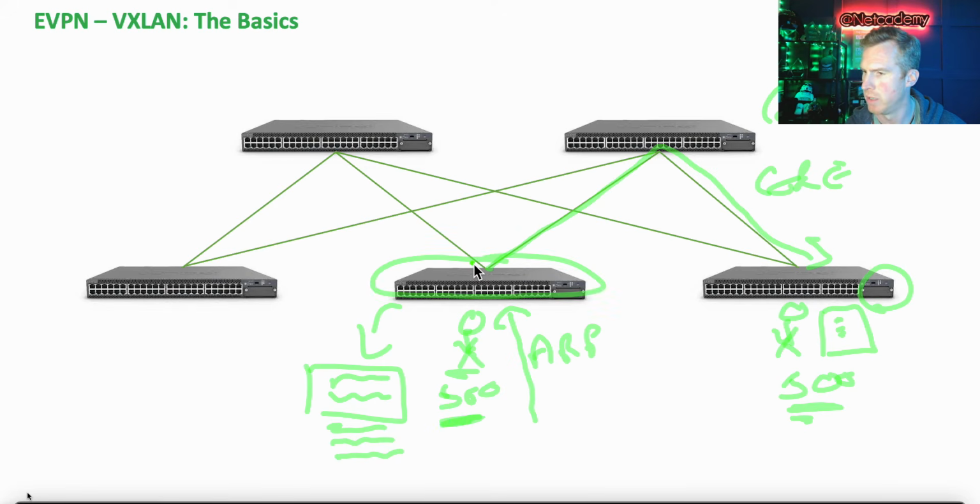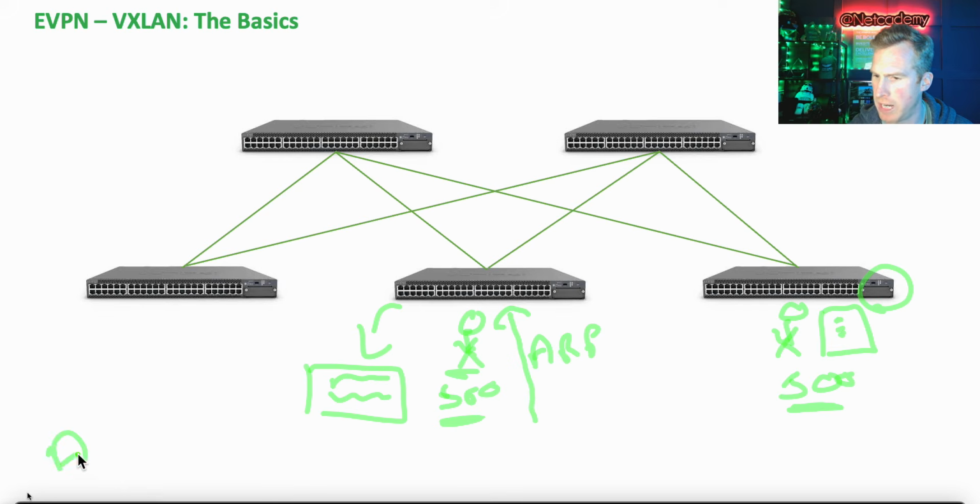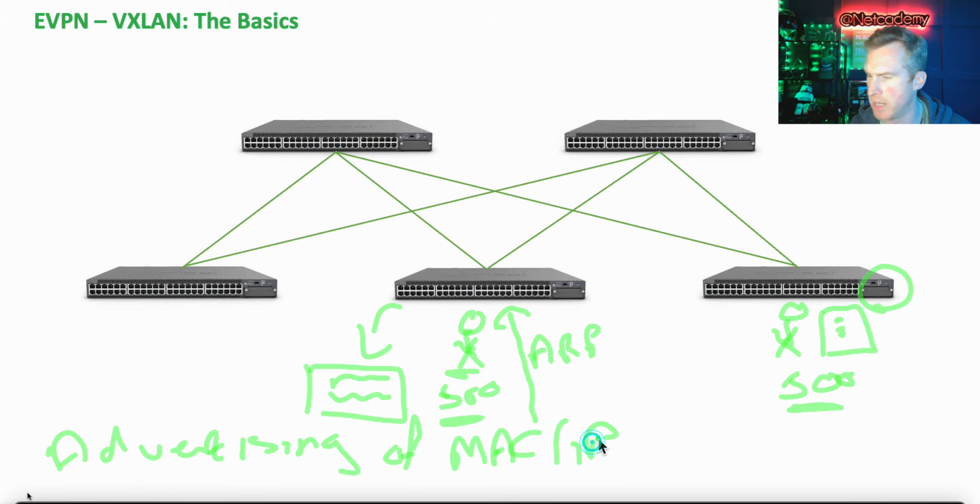And therefore this switch here knows that if this user wants to communicate to this user, it's got to go this way or even via this way. That's all EVPN is doing at the end of the day: advertising MAC addresses and maybe optionally IP addresses.